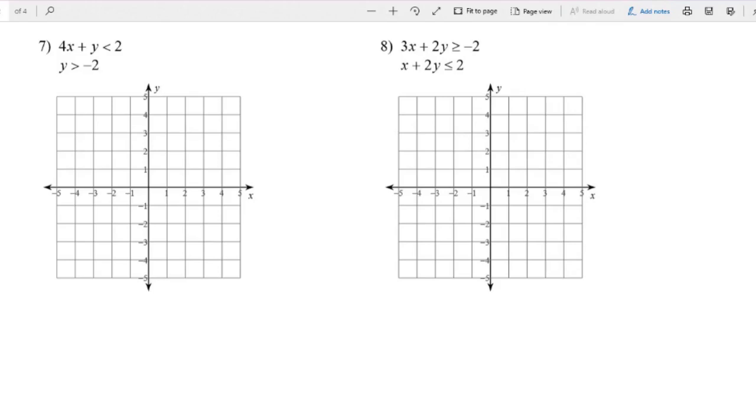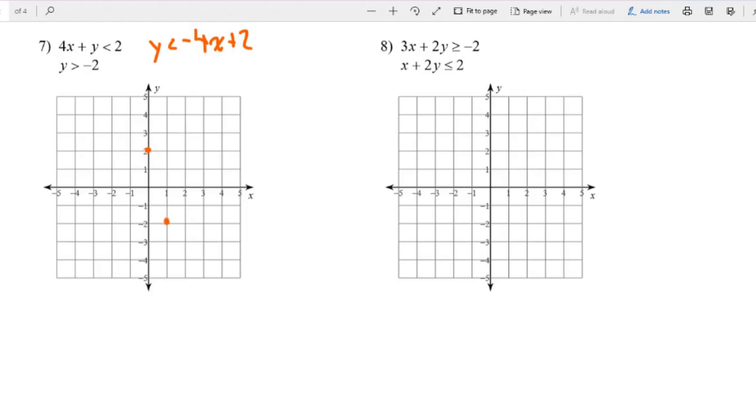The opposite of addition is subtraction, so we have y is less than -4x plus 2. Notice how I have my x first and my b second. So, two good points for this first inequality are (0, 2) and (1, -2).